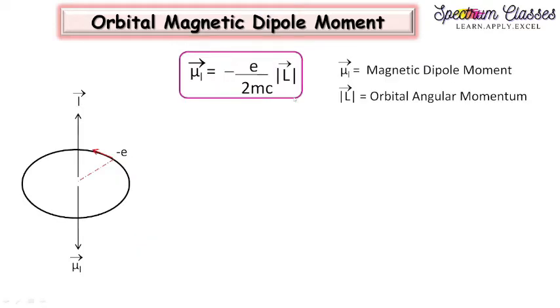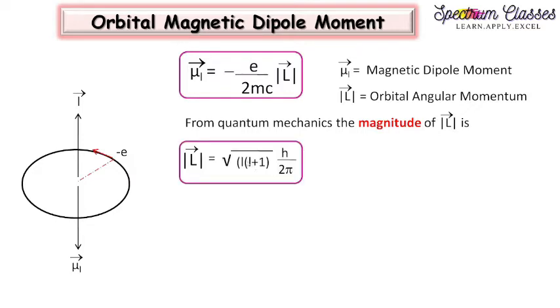Moving forward, if I want to determine the magnitude of this mu L, then I have to put in all these values. These are known to us. Now coming to this vector L, which is the orbital angular momentum. From quantum mechanics, the magnitude of this vector L is given here.